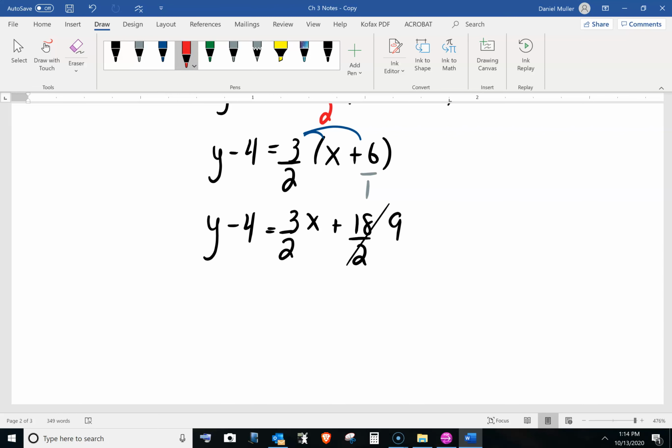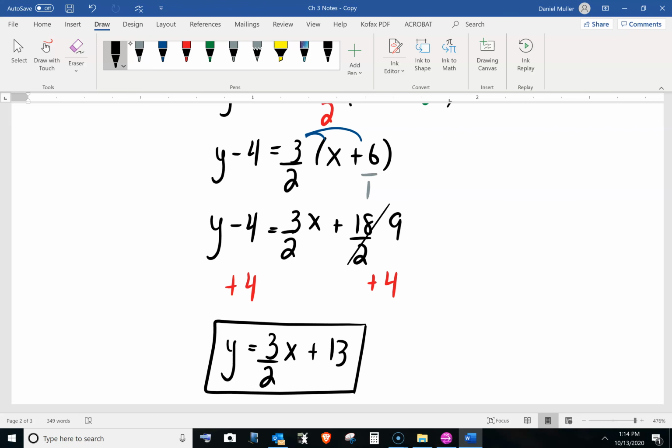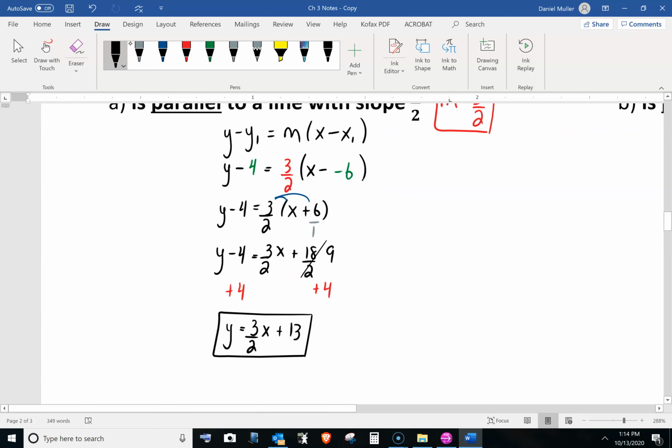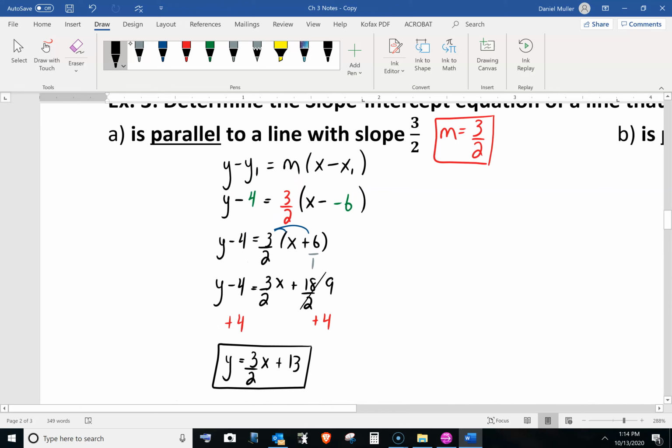So I can then get the y alone here by adding the 4 over to this side. So y is equal to 3 over 2 x plus 9 plus 4 is 13. And so that is our equation of the line that has a parallel slope, so the same slope, 3 over 2, and goes through that point.